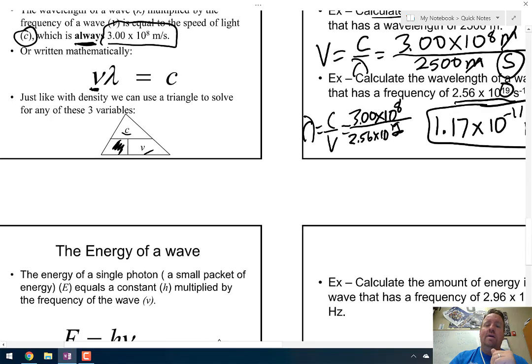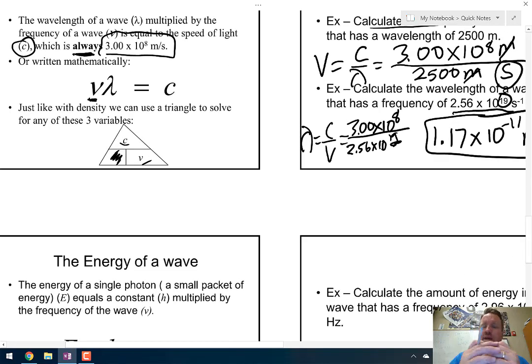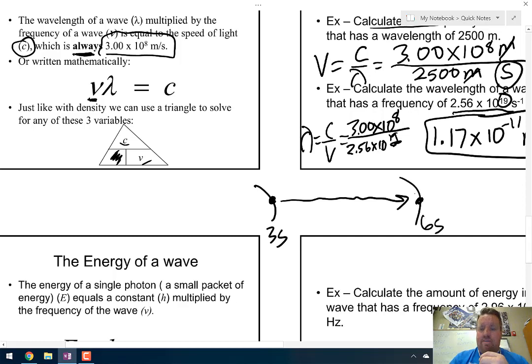Okay, now how does that relate back to the idea of an electron that's in the 3s subshell? When that electron gets excited, remember, it goes up to a higher energy level. Maybe it goes up to the 6s subshell, but once it gets there, that's too far away, it's unstable, it's reached its highest energy point.